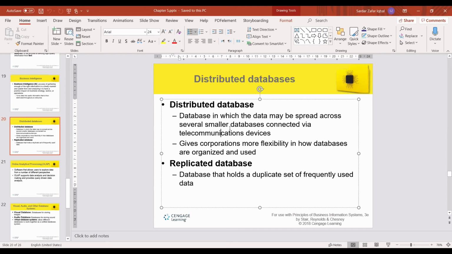Yes, Doctor. They know what the product is in Jeddah and Dammam, and how you can bring it to Dammam if it's finished. Yes. So, a database in which data may be spread across several smaller databases. They are different databases, but they are connected via telecommunication devices so that you will feel like it is one database.